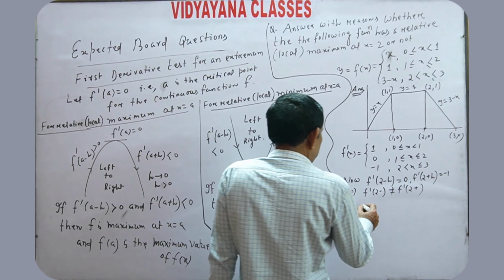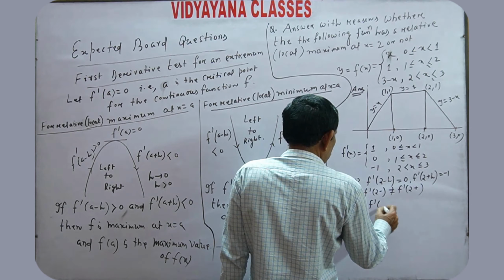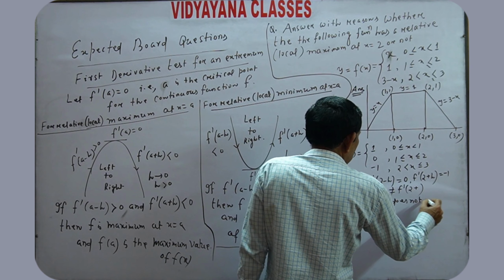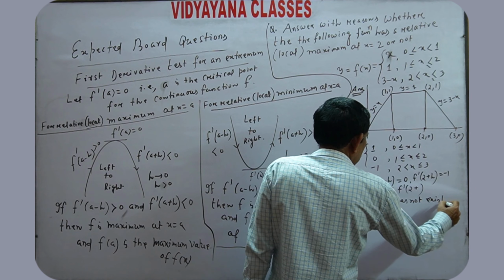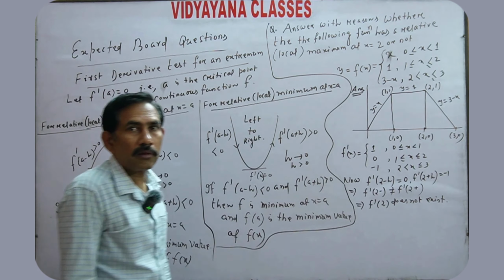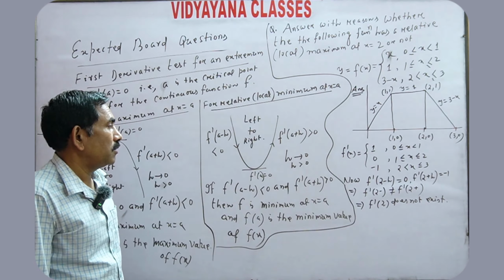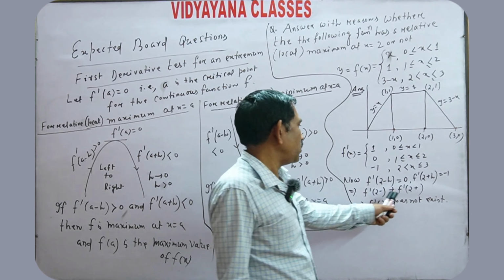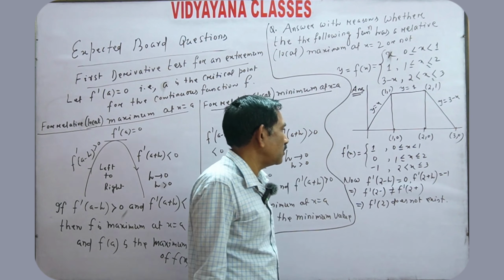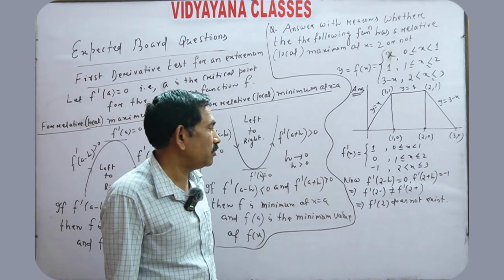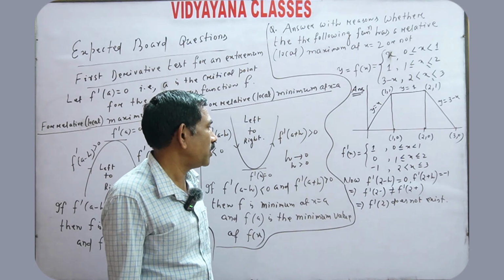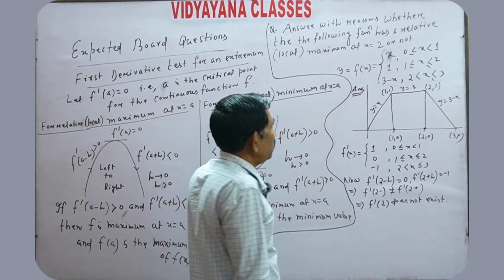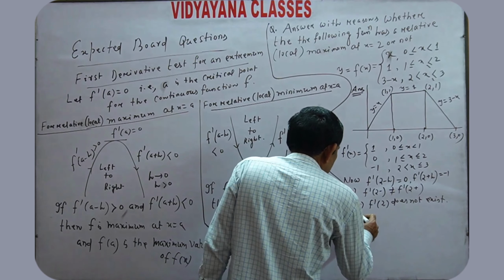Clear? Which implies that f'(2) does not exist. The left derivative at x = 2 is not equal to the right derivative at x = 2, so f'(2) does not exist. Clear?